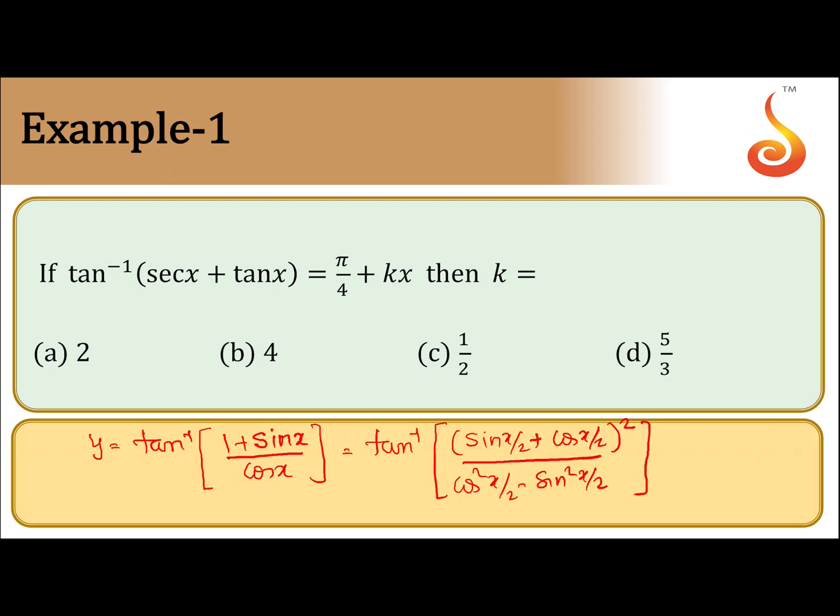I'll take an empty slide. Tan inverse. Finally, this becomes cos x by 2 plus sin x by 2 divided by cos x by 2 minus sin x by 2.